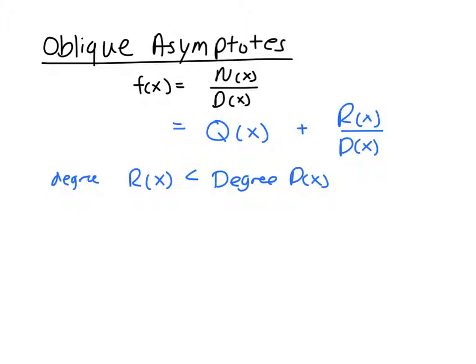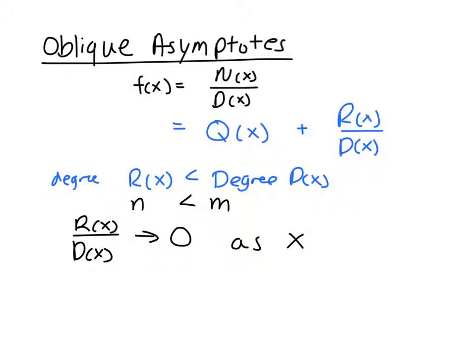So r of x divided by d of x goes to 0 as x approaches infinity, and also as x approaches negative infinity.